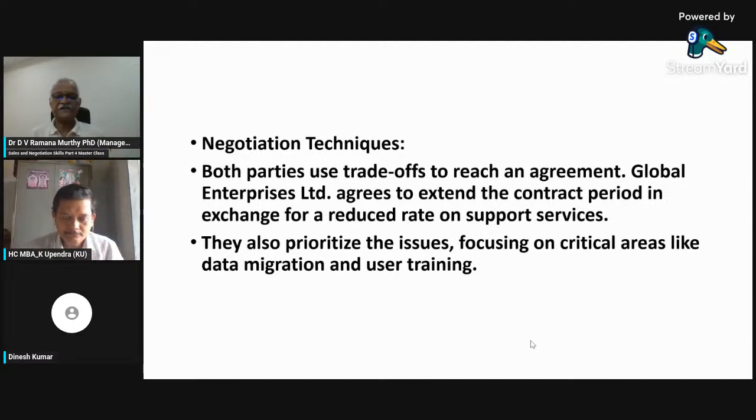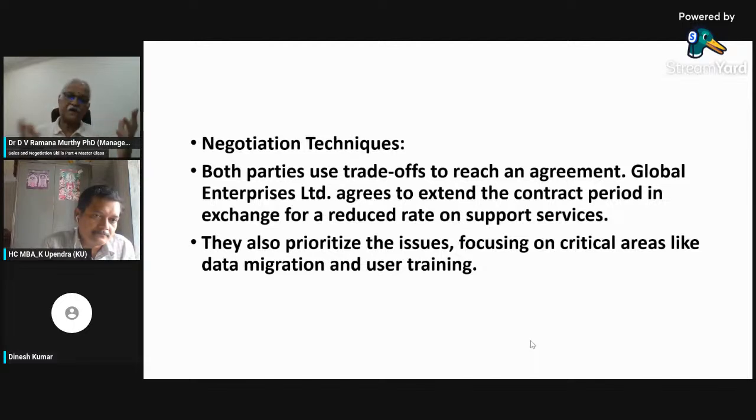And Global Enterprises Limited, the client organization, agrees to extend the contract period in exchange for a reduced rate on support services, etc. They negotiate: if they give this much, we give this much as a concession.